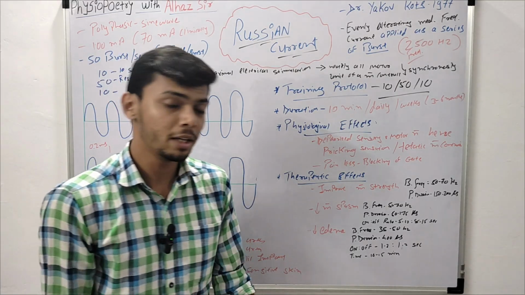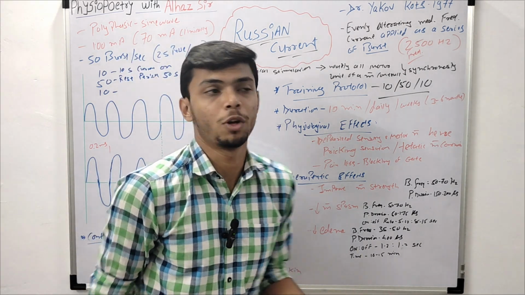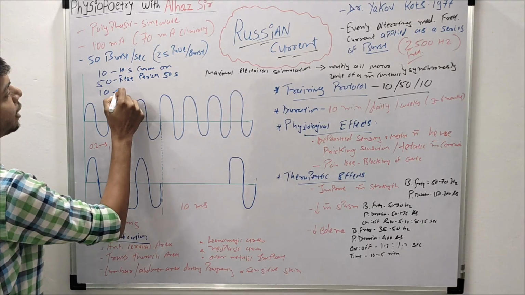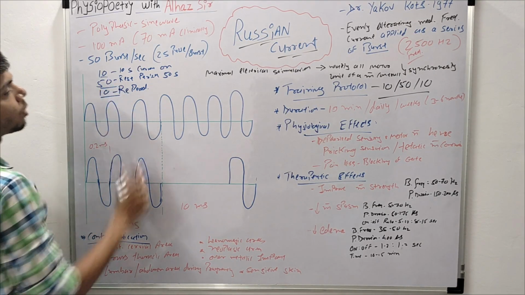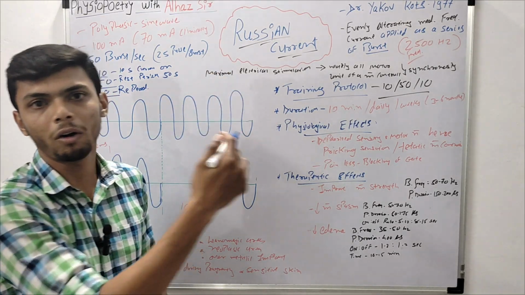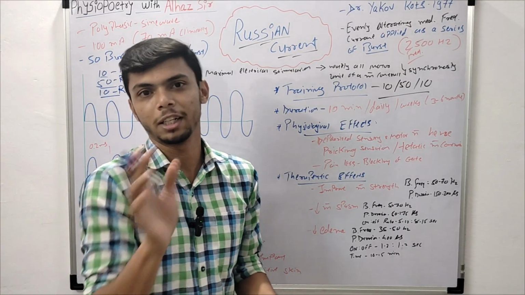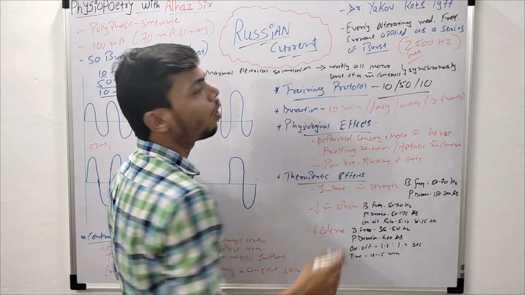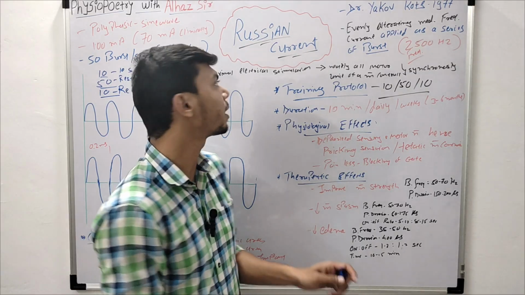The muscle is in a relaxed position. It is not getting any contraction or any stimulation. And we repeat it for 10 times. So on, off and repeat. It doesn't rhyme, but it is the training protocol of a Russian current. How we will apply it. Mostly इस तरह से apply करते हैं हम.